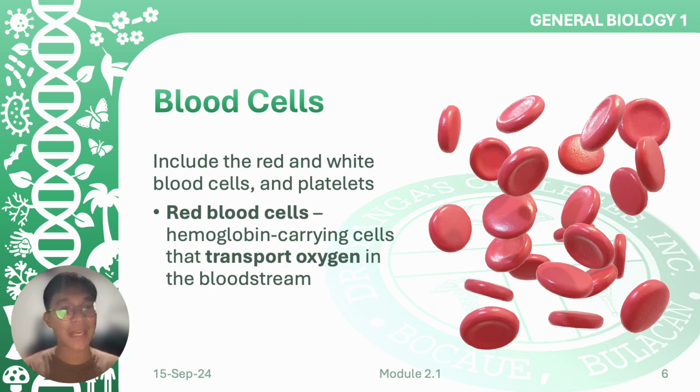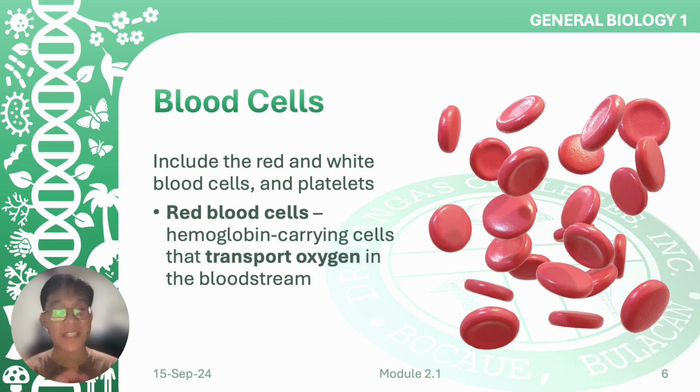And aside from stem cells, we also have blood cells. You are familiar with this already, hopefully. Blood cells have different types. They can be the red and white blood cells and even the platelets. We begin first with the red blood cells, as you can see in the illustration or the 3D model on the right. Red blood cells have their own color because of the pigment called hemoglobin.